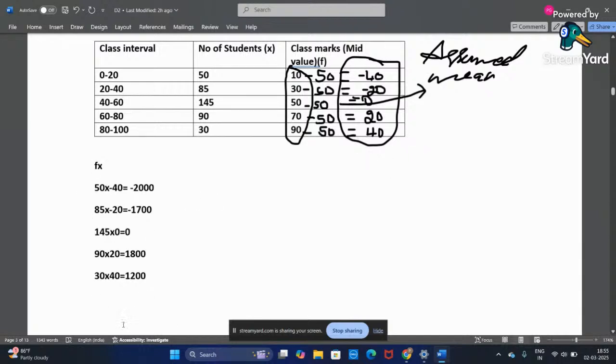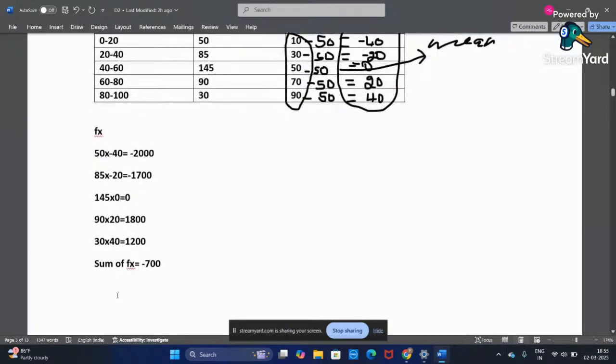So these are the fx values. The sum of fx is how much? We get minus 700, right?